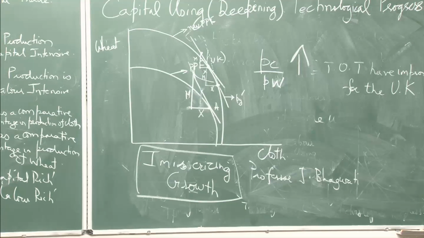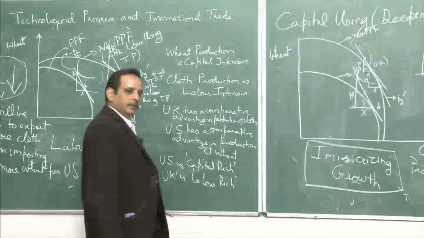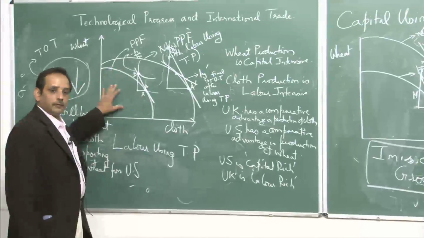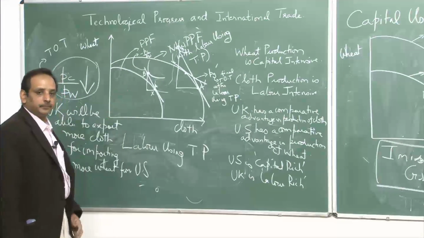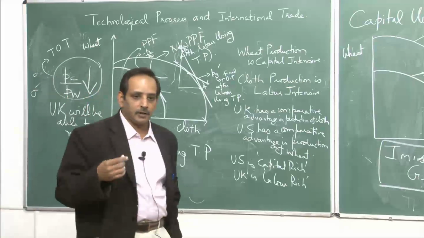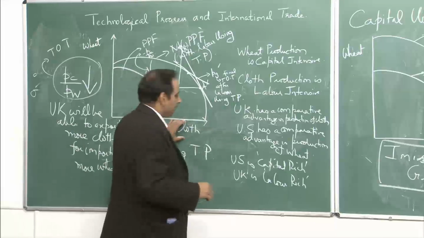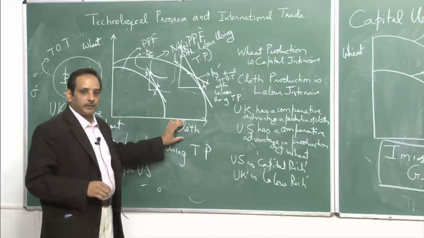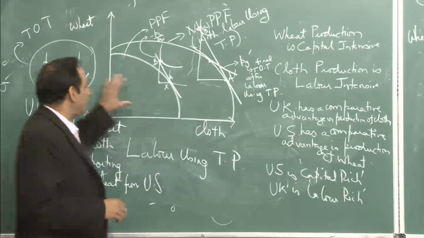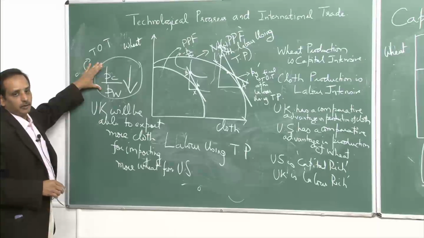Now, what he was talking about was something similar to what we had discussed in this diagram. If the growth happens in the economy, but it is more tilted towards the product in which you have a comparative advantage, you would see at the end that the terms of trade would fall for that particular commodity.